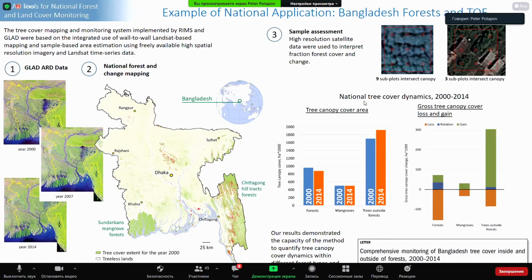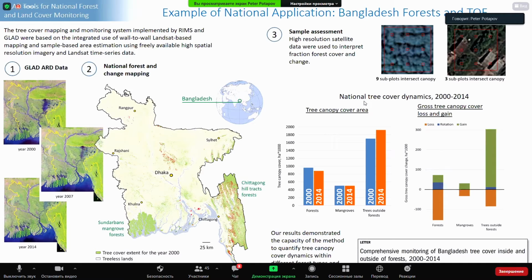This is a paper that we published quite a while ago. We cooperated with the Forestry Department of Bangladesh, where we used our metrics to map forests and changes inside the country.